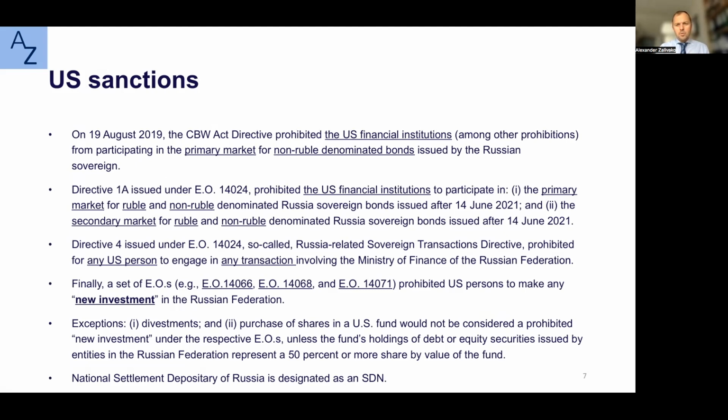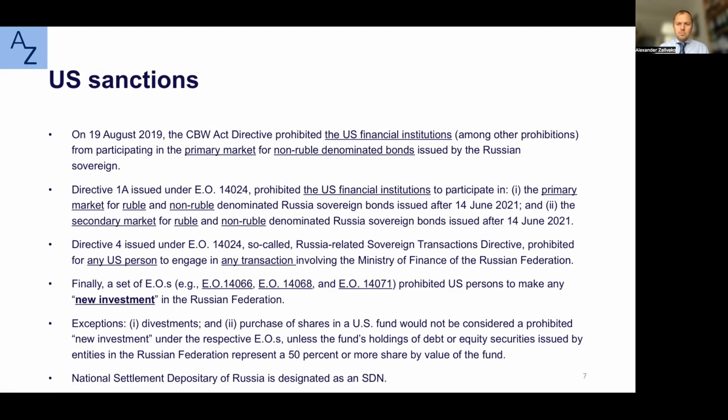And we can see that the focus of that sanctions was primarily on the primary market and prohibition for the US banks to act for Russian Eurobonds, which would be typically issued in non-Russian rubles, as mandated lead arrangers or global coordinators. It did not prohibit the US financial institutions to act in the secondary market, meaning to facilitate the transactions whereby the US asset managers, insurance companies, or other investors would like to purchase Russian sovereign debt.